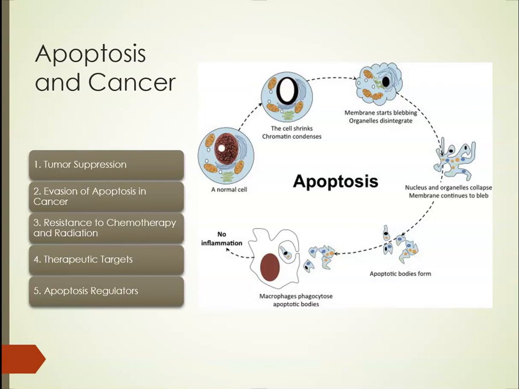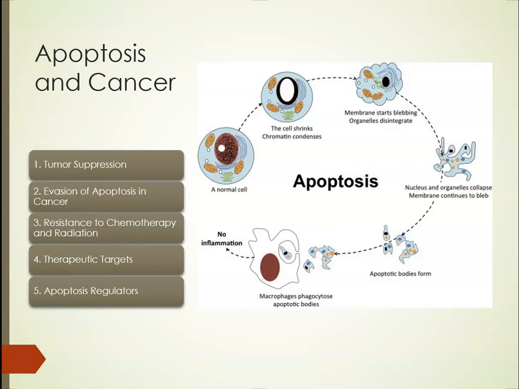So when a cell becomes damaged, infected, or undergoes any kind of mutation that can potentially lead to cancer, apoptosis serves as a protective mechanism to eliminate these abnormal cells before they can replicate and contribute to tumor formation. However, cancer cells often develop strategies to evade apoptosis, contributing to uncontrolled growth and spread of tumors.